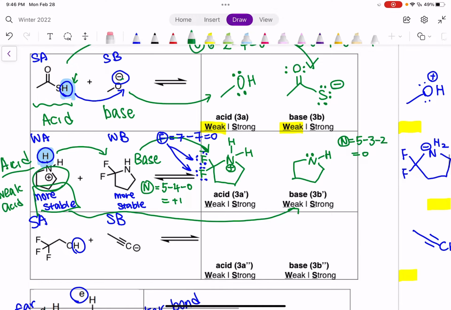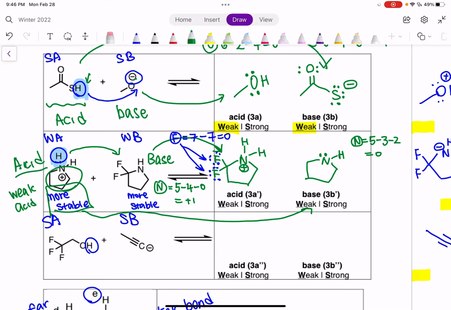So if it's more stable, it will be weaker. If this is weaker, that will make the conjugate base of it stronger. So it's strong. And the same thing applies to the acid right here.